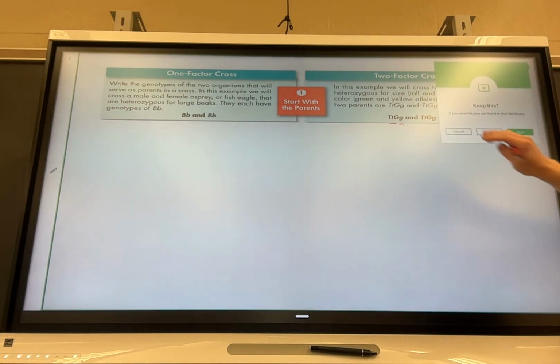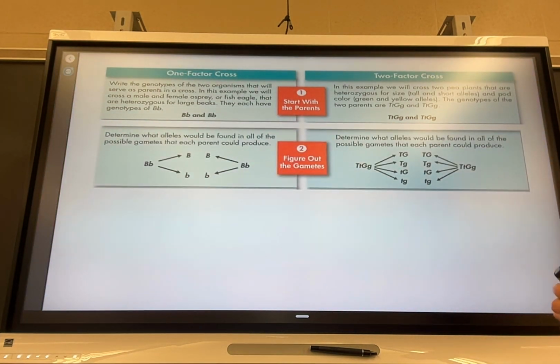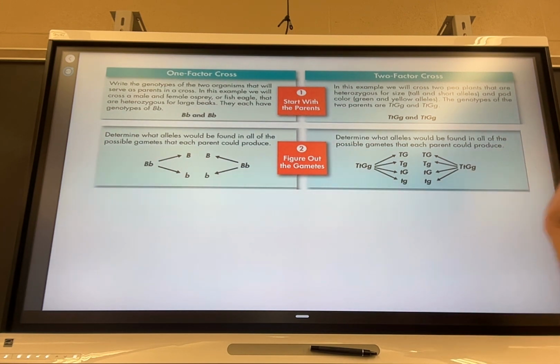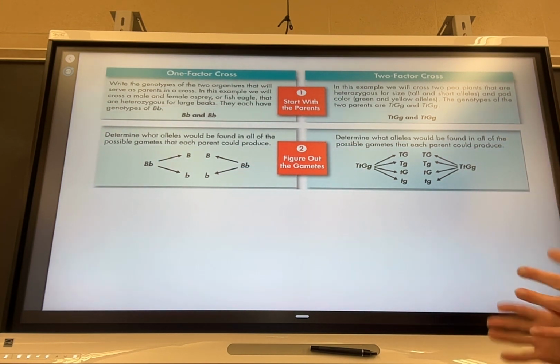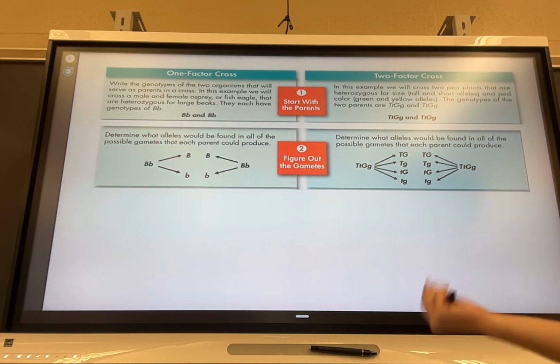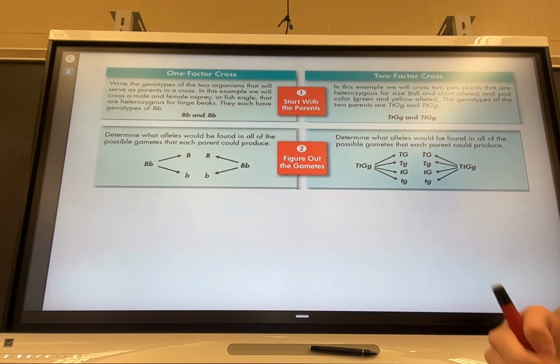From there, we need to figure out what the gametes are going to be. So this is where the distributive property comes into play, because according to our laws of segregation and independent assortment, the chromosomes are going to separate so that there is one randomly chosen allele in each gamete.